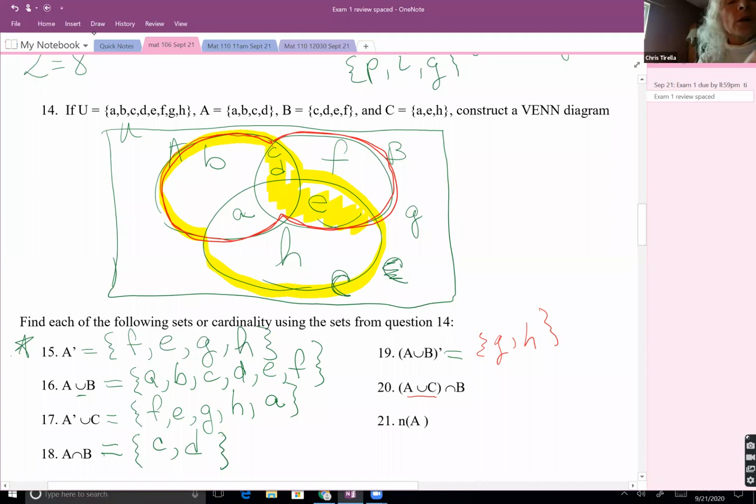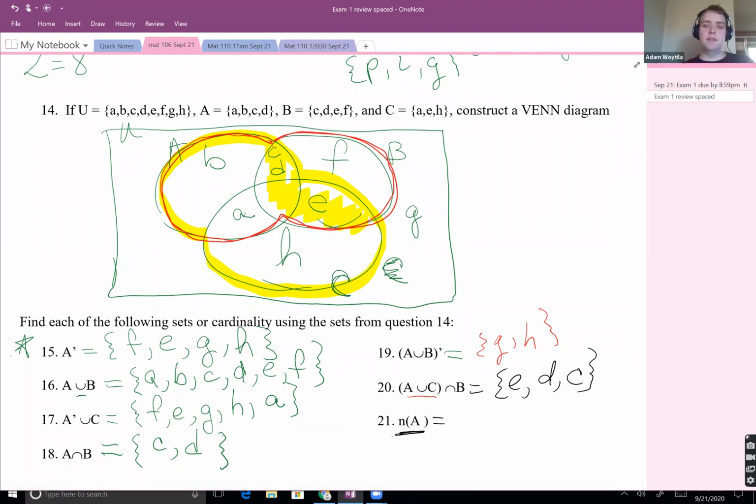And do the colors help? Yes. Then get highlighters before you take the test. Okay. And what's this last one? Cardinality of A, which is... It's not 4, is it? Yep, plain old 4, just the number 4.